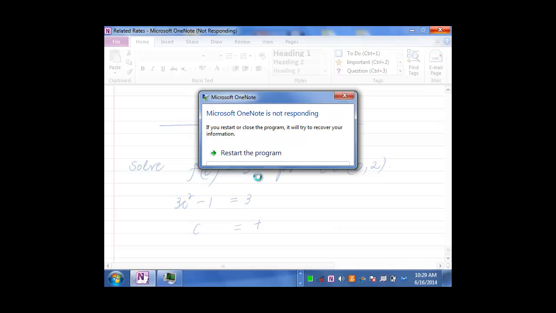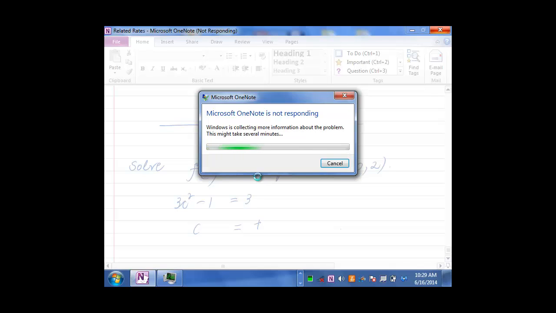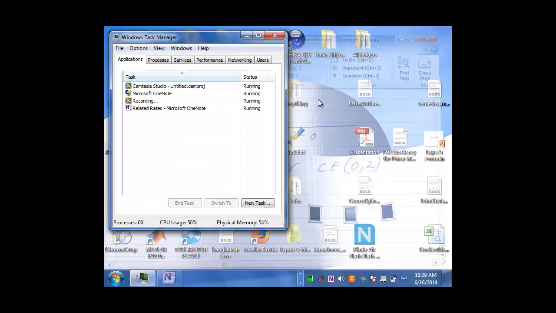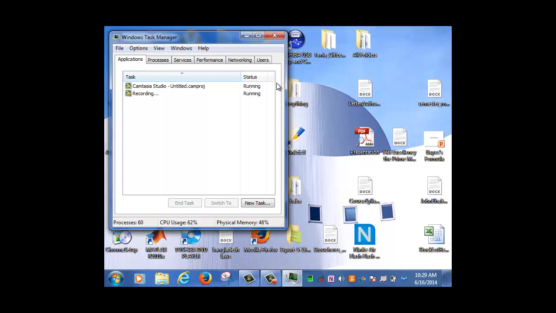Do I have to do anything else with process? No, that should be alright.